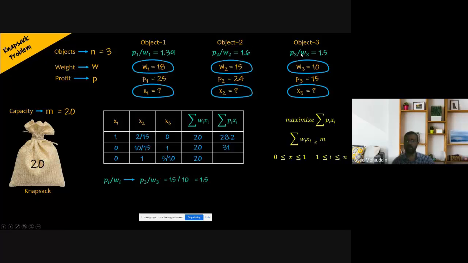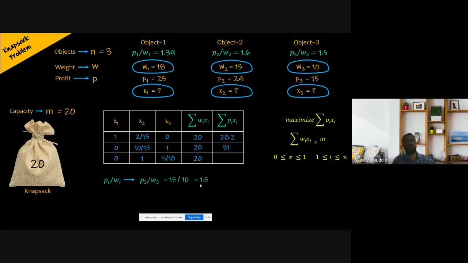And the third one is P3 by W3, where P3 is 15 and W3 is 10, so it is 1.5. Now, once we compute the ratio of profit by weight, we will select the objects based on this criterion, in decreasing order from the highest.